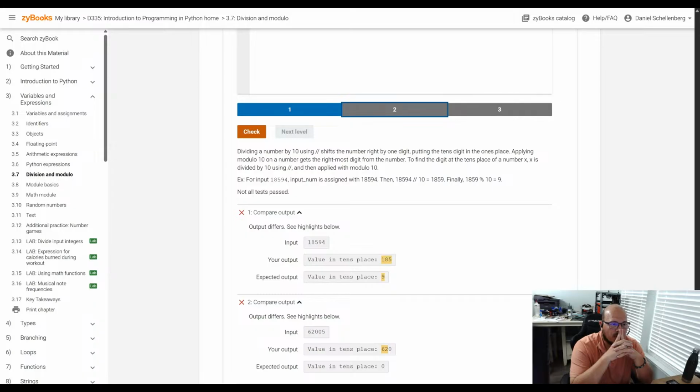For example, for input 18594, input num is assigned with 18594. Then 18594 floor division 10 is 1859. Finally, 1859 modulo 10 equals 9.